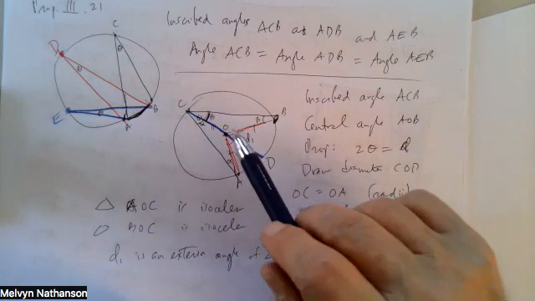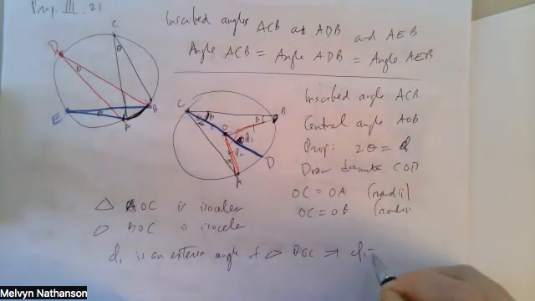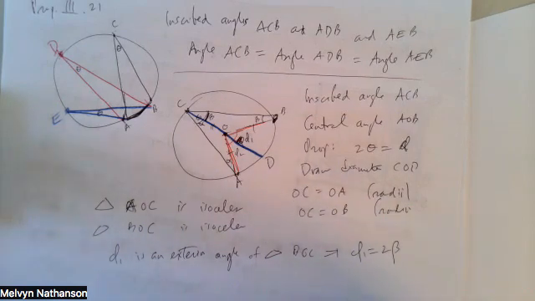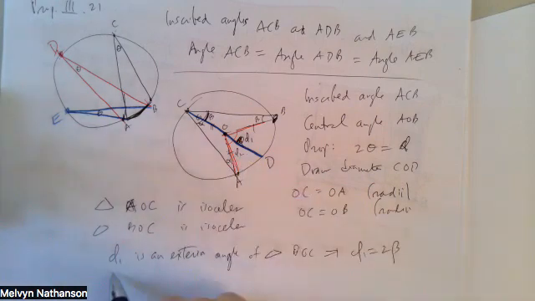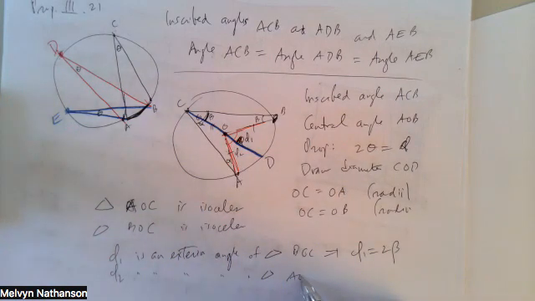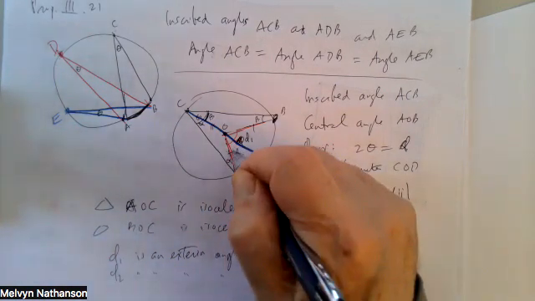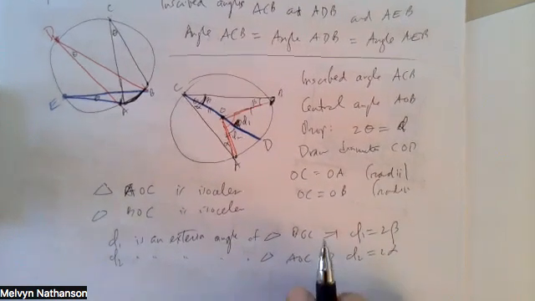The interior angles opposite this exterior angle are both equal to beta. So phi1 is 2 beta. Similarly, this exterior angle phi2 is an exterior angle of triangle AOC. So this implies phi2 is 2 alpha.